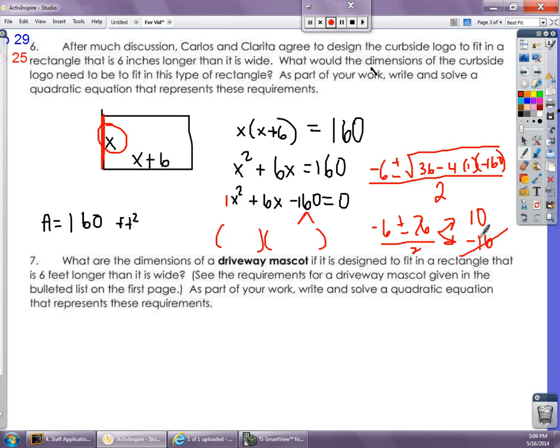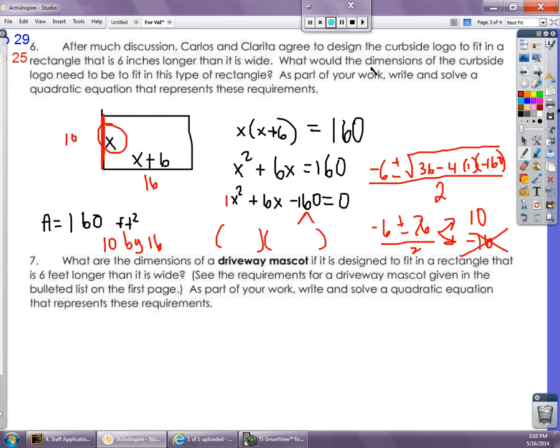So the negative 16 doesn't work, and our only answer for x is 10. So 10 and 10 plus 6, which means the dimensions are a 10 by 16 rectangle. And that's how you do problems that give you a rectangle and the area.